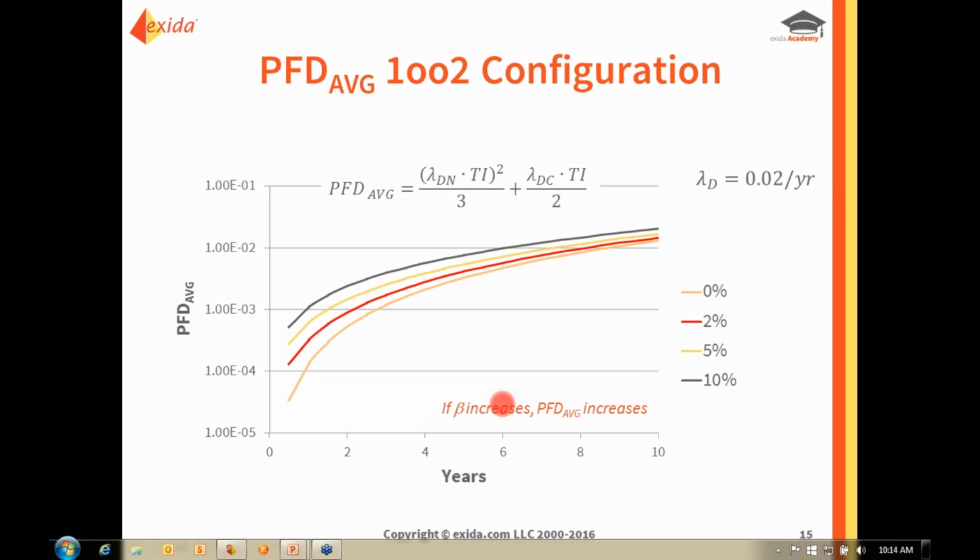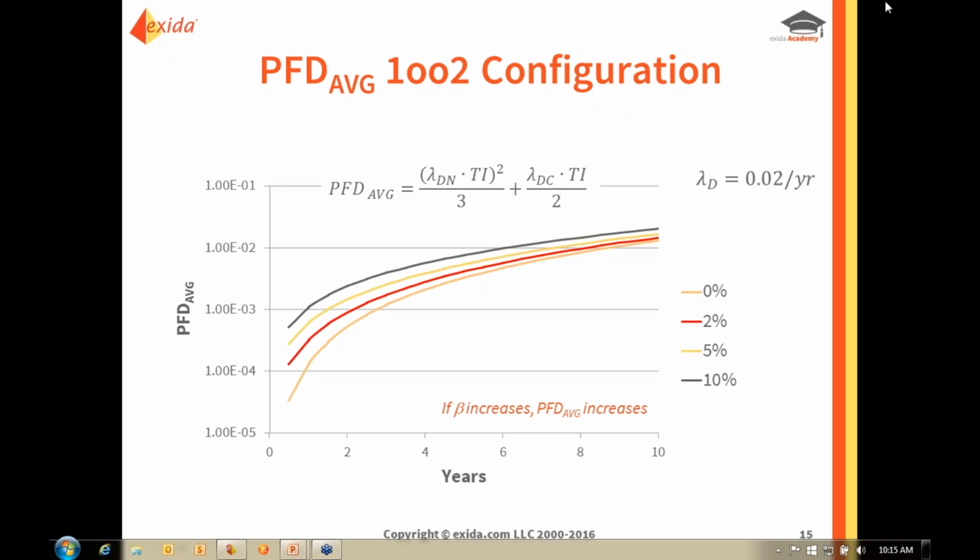For a given test interval, let's say 2 years, we can see that the probability of failure on demand for the 0% scenario, 0% common cause, where everything behaves like a truly redundant system, has the lowest average probability of failure on demand, whereas the 10% scenario, the highest common cause factor in my example, has the highest average probability of failure on demand.